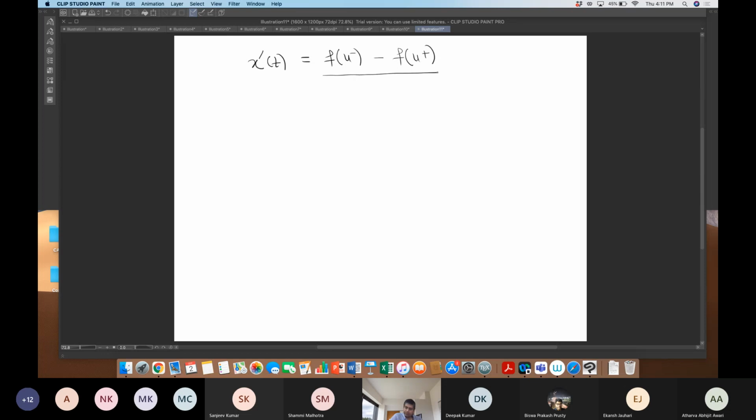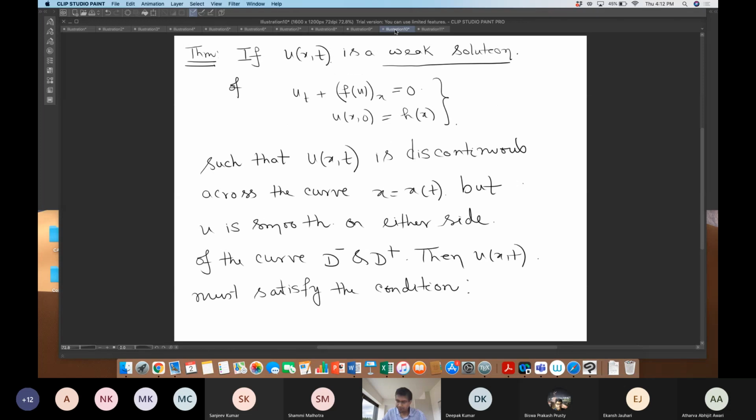I will tell you what u minus and u plus are. u minus is the limit of u from D minus, and u plus is the limit of u from D plus. So what is given? Let's say again x belongs to R, t positive.